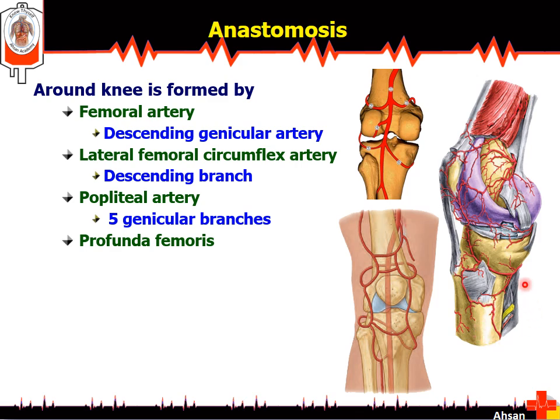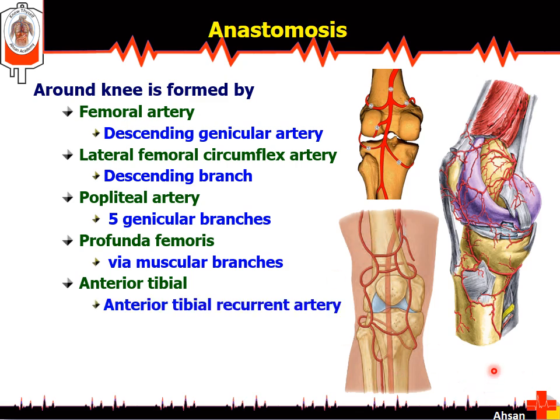Profunda femoris gives branches going to the muscles, known as muscular arteries, and from there arise the genicular branches. Anterior tibial is situated below the knee joint, so it is giving a recurrent branch, going back to the knee joint. So this is anterior tibial artery giving recurrent artery to the joint.